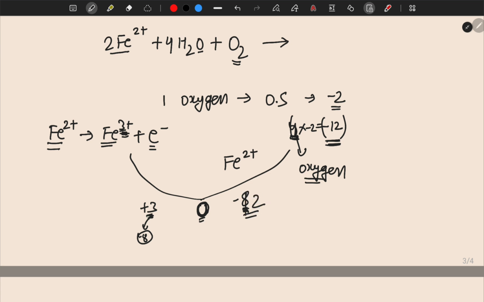So now I have to have +12 here. I will get -12 as I have done 4 oxygen here and 2 oxygen here, so total 6 oxygen.